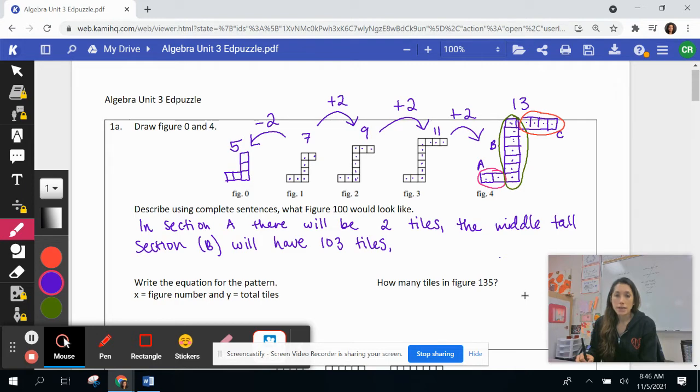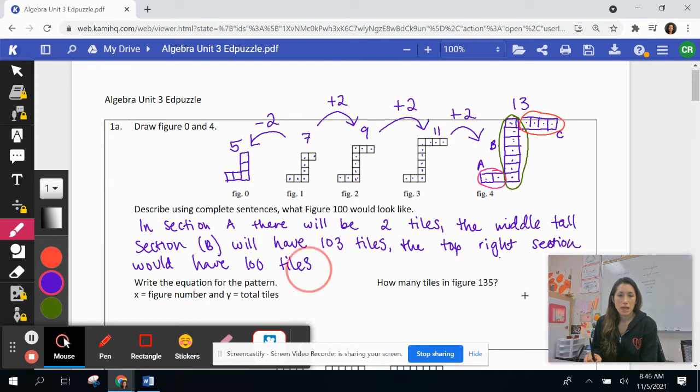And the right section, the top right section, would have 100 tiles. And then we would want to say what the total number of tiles is for that.